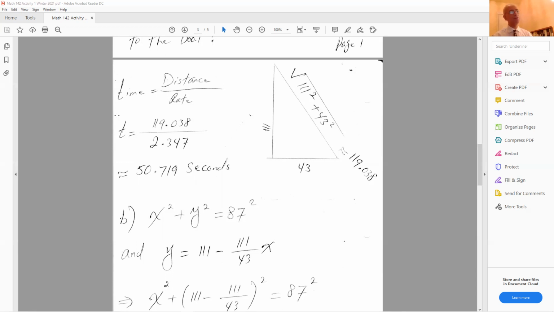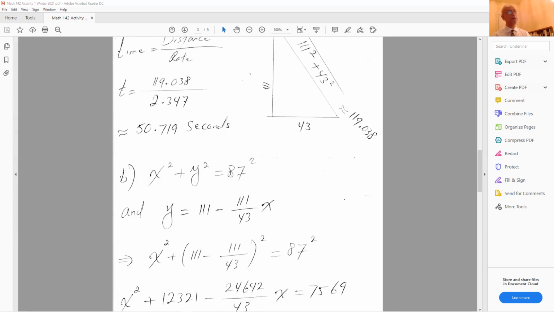And what is it that we know? We know time equals distance divided by rate or speed. So in this case, 119.038 divided by 2.347 gives me 50.719 seconds. So it takes Clyde 50.719 seconds to swim from where he is all the way to the boat.